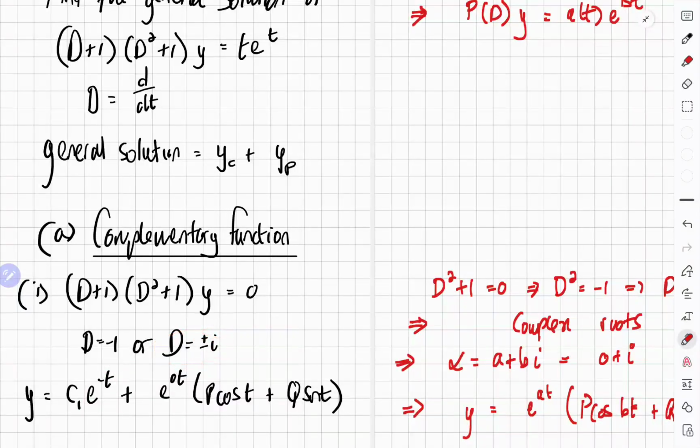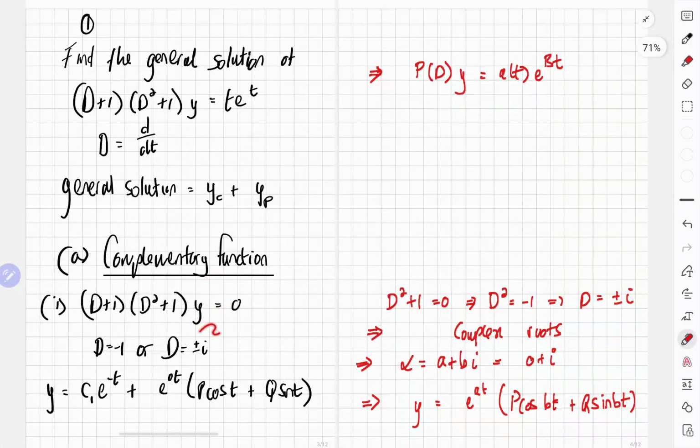But now, when you have complex roots, just recall, you will look at your root a plus bi. You will always use the one with a positive b. What do you see here? You have positive i, and you have a is 0, so you have 0 plus i.